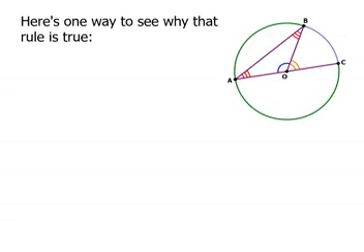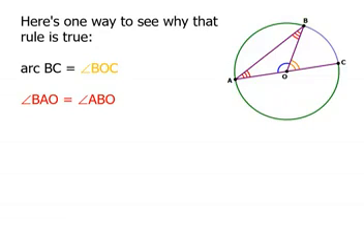Suppose we draw a very special diagram like this. So, of course, arc BC equals the measure of the central angle, BOC. We know that AOB is an isosceles triangle, so angle BAO equals angle ABO, so those two red angles are equal. Just call that X.